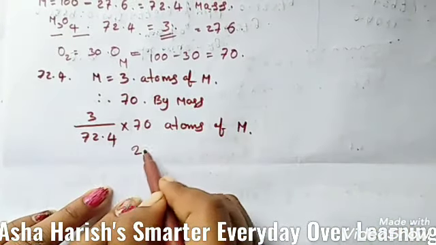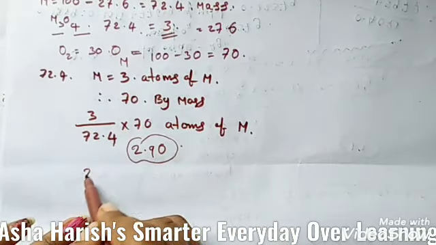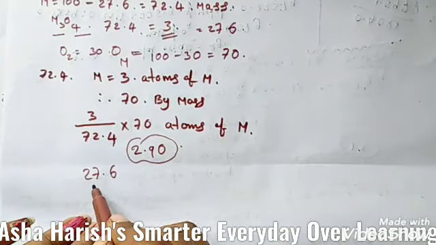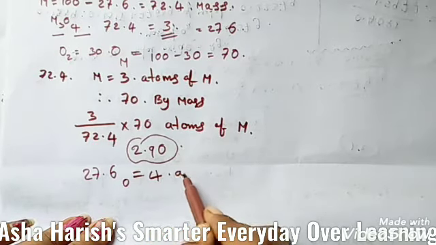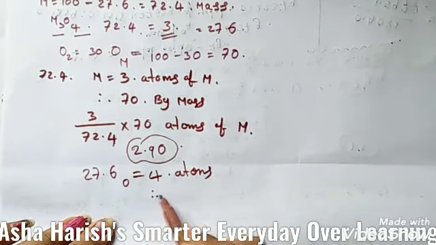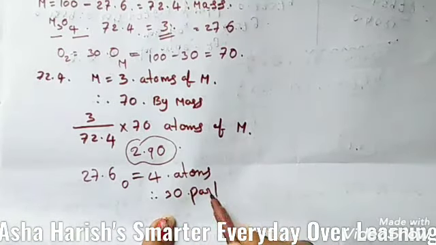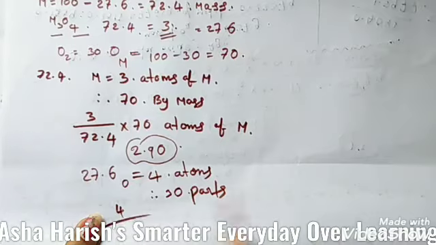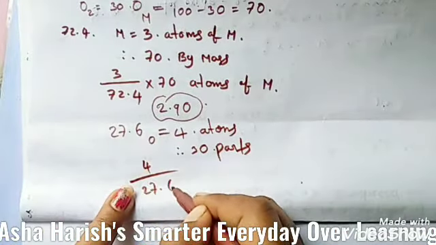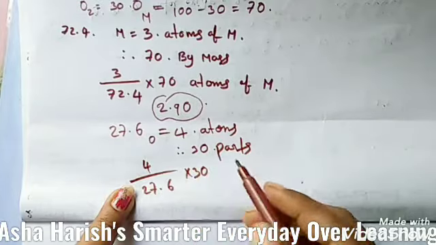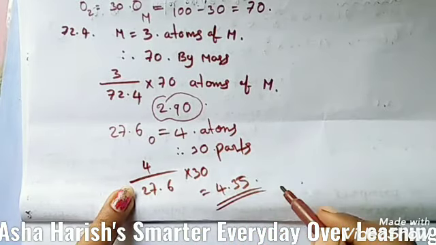That equals 2.90 atoms of metal. Also 27.6 parts by mass of oxygen is equal to 4 atoms of oxygen. Therefore 30 parts by mass of oxygen is 4 by 27.6 into 30 atoms of oxygen, that is equal to 4.35 atoms of oxygen.